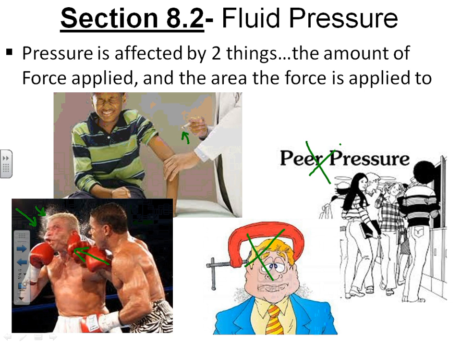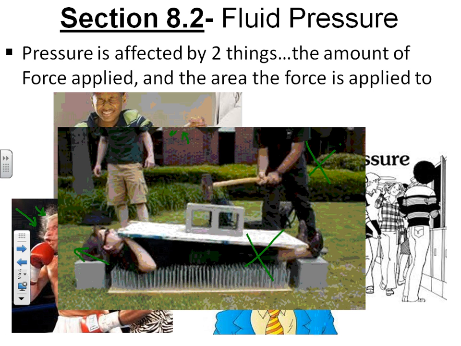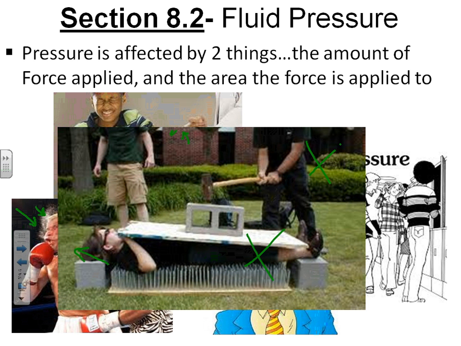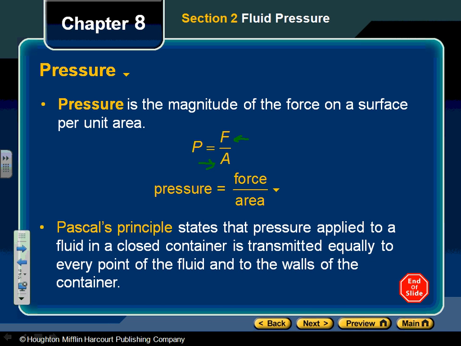But in the needle, there's a smaller force, applied over a very small area. That's why in this example, the guy's weight is distributed more evenly over each individual point of the nails, so he's not stabbed, which is good.